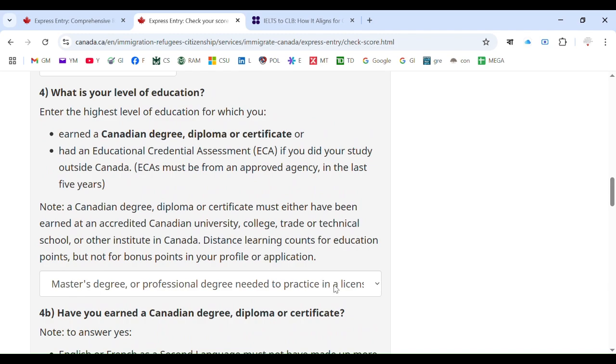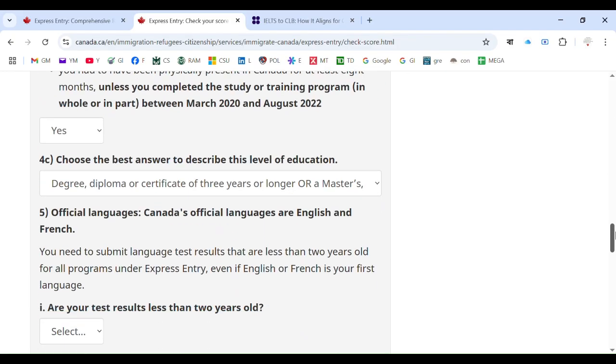So here you choose master's, as well as your master's degree earned in Canada, so you also choose master's here, or diploma, or doctoral Canadian degree. This is based on your situation.